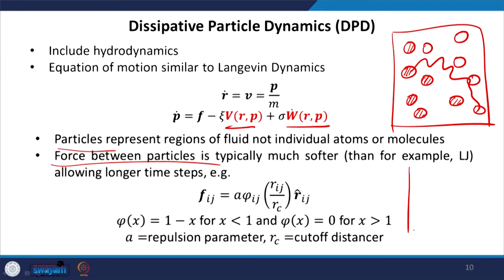One of the most commonly used forms is the following. So, the force pretty much goes like this with distance, it is a linear form, and that pretty much means that the particles can overlap, unlike for example, a Lennard-Jones interaction where you have substantial repulsion at a small r, actually a very large repulsion once they come very close.